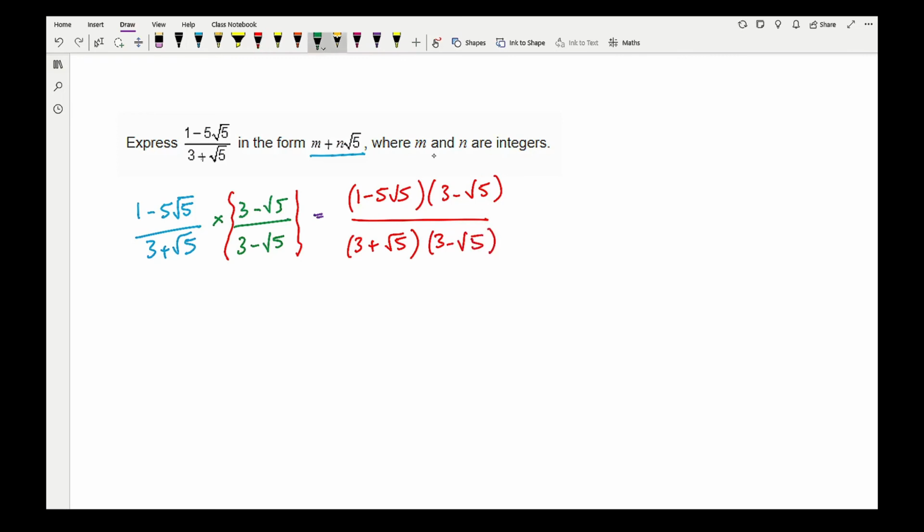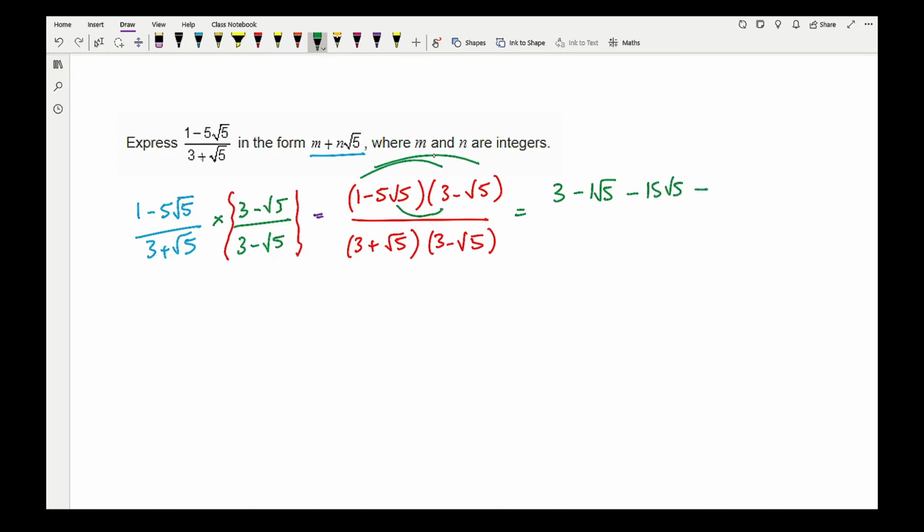So working with the numerator, I've got 3 times 1, which is 3. 1 times minus 5 root 5 is minus 1 root 5. Then I've got minus 5 root 5 times 3, which is minus 15 root 5.